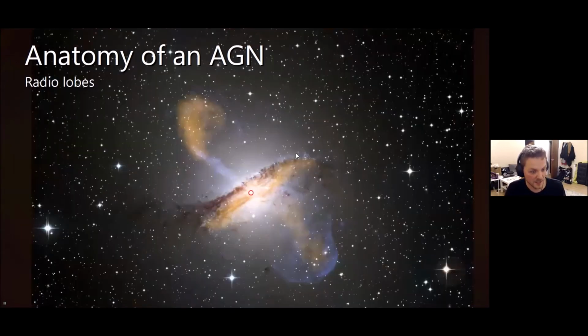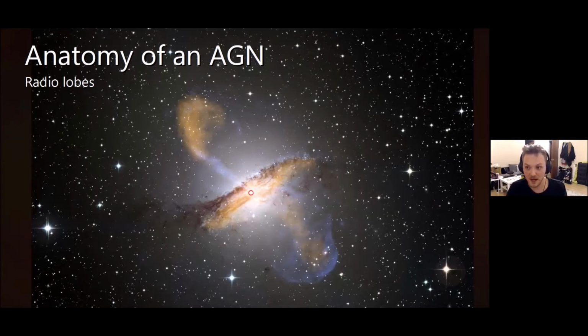There's one thing I haven't mentioned yet. This is a very famous active galaxy very close by. It's Centaurus A. So the radio lobes, which is also the thing that led to the initial discovery of quasars. I haven't talked much about them. This is not on purpose, but it's just because they are perhaps one of the things that are the most difficult to understand.